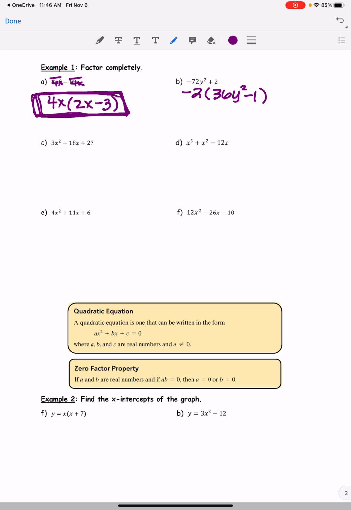Notice I can't take out a y in this one because this last term doesn't have a y like it did on A. And so now we have a difference of squares, right? We've got the minus in between. Take the square root of both of those numbers. So I'm going to bring down my negative 2.